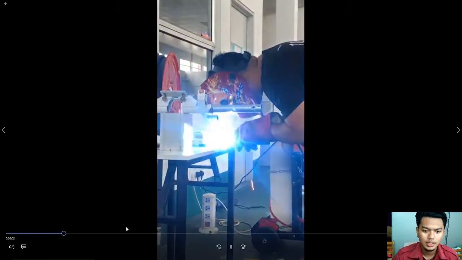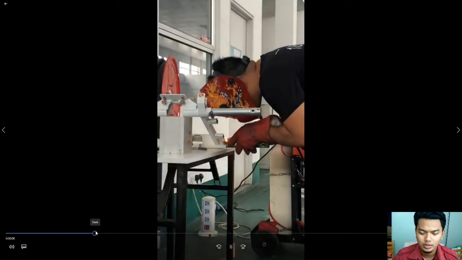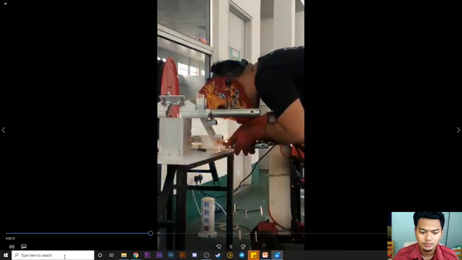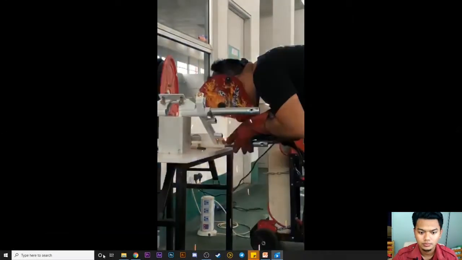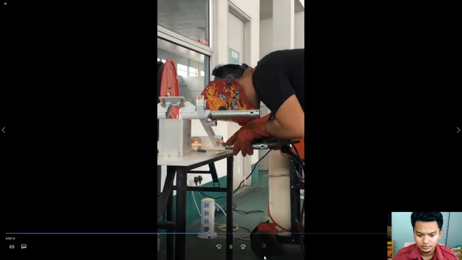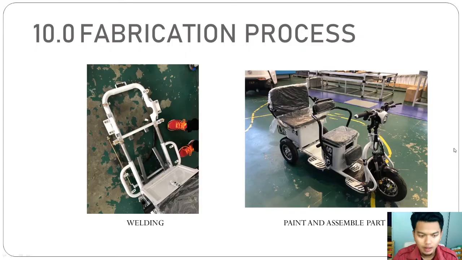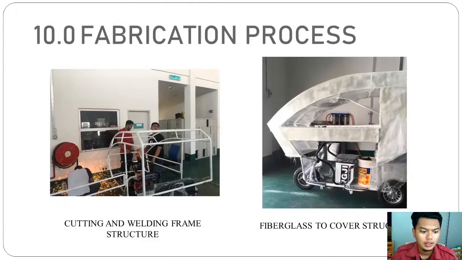So this is the welding process we are doing. After we finish the welding, we do a painting and we assemble all the parts. The next is we cut the steel and weld to make a frame structure for the chassis.